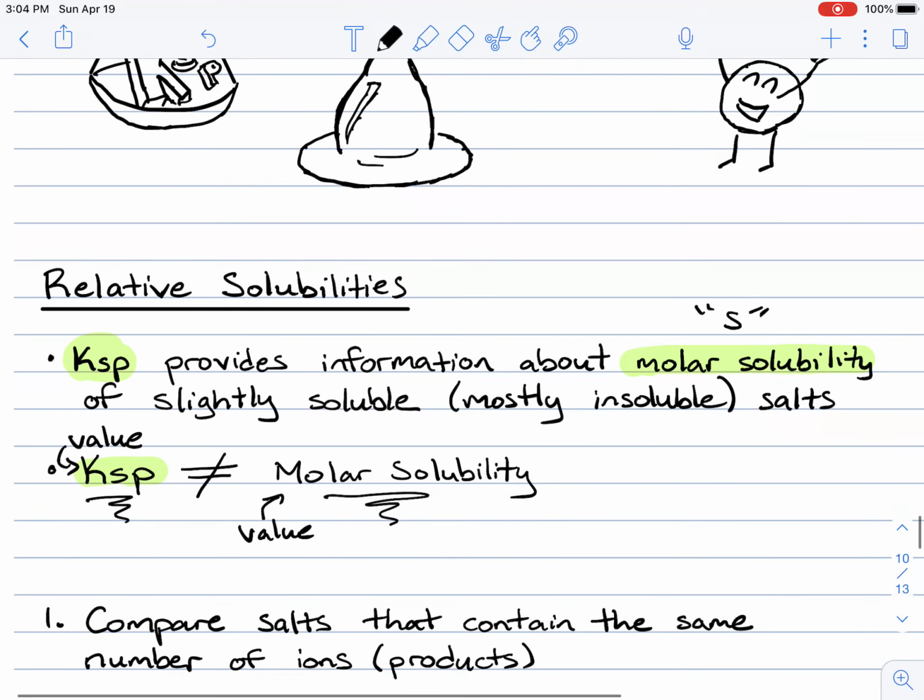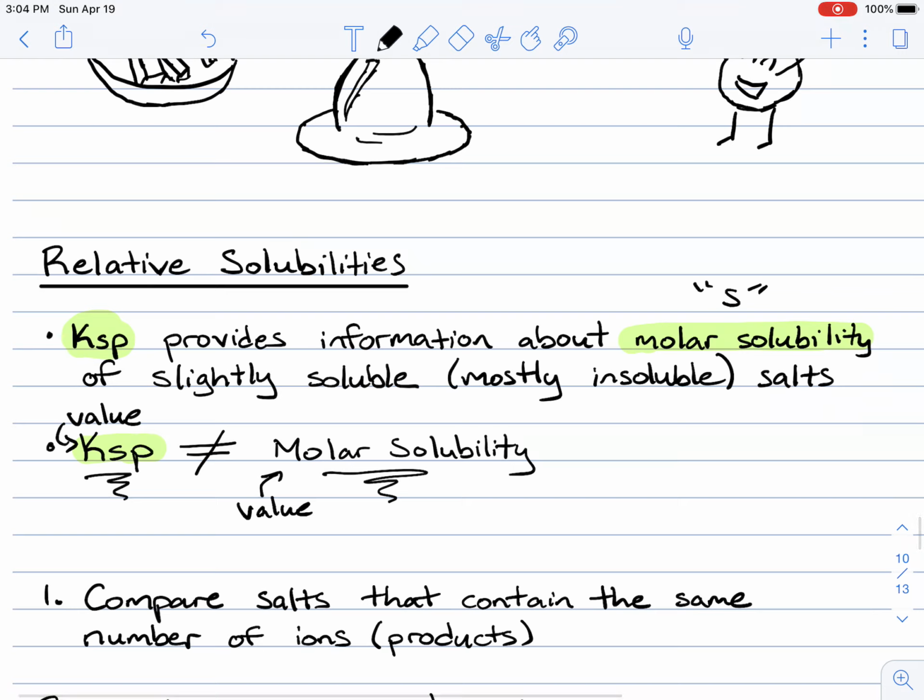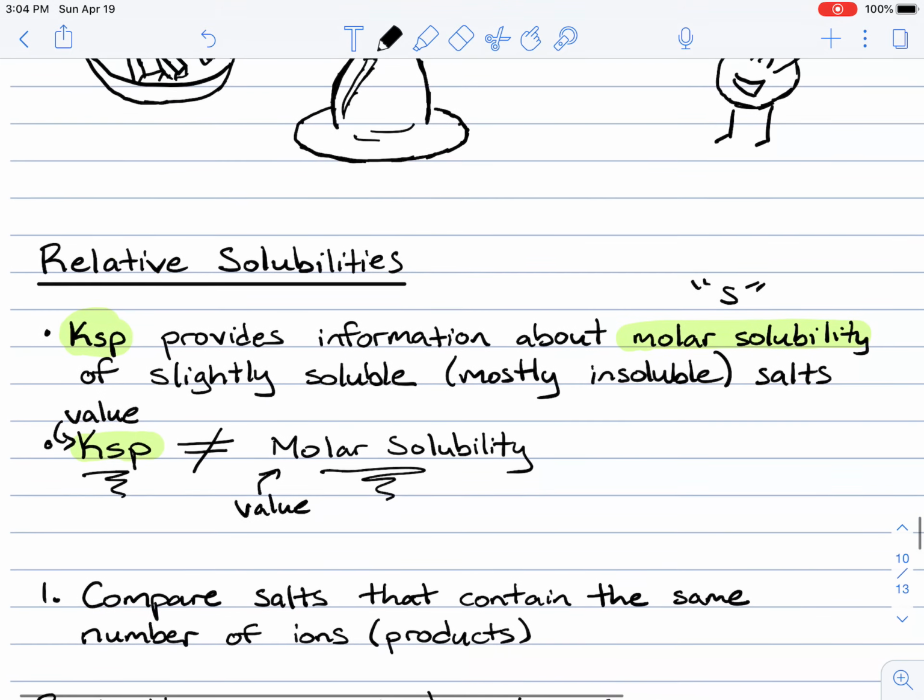All right. We're going to take a look at a couple of situations. We're going to see how we can determine the molar solubility, and we're going to learn how to rank them in increasing or decreasing order. We're going to look at two situations.